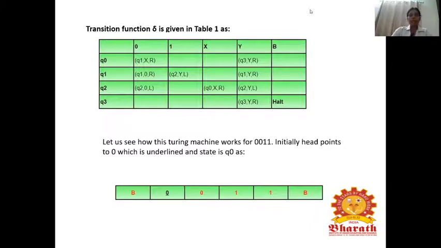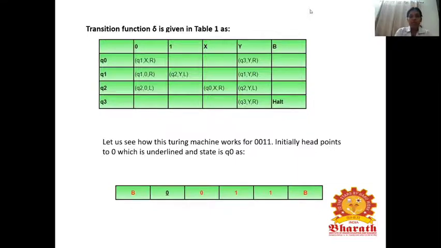So it means that there are 4 states, Q0, Q1, Q2, and Q3. And the inputs are 0, 1, X, Y, and B. So here for Q1, for the input 0, it is going to be Q1, 0, R. It means that there is no transition taking place. So transition within itself, Q1 to Q1, and again 0. There is no replacement, and then R, it moves to the right.